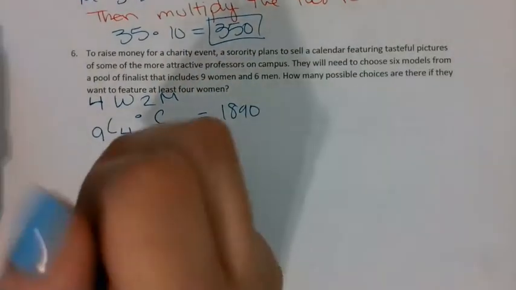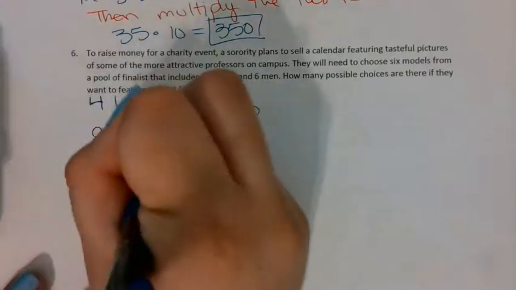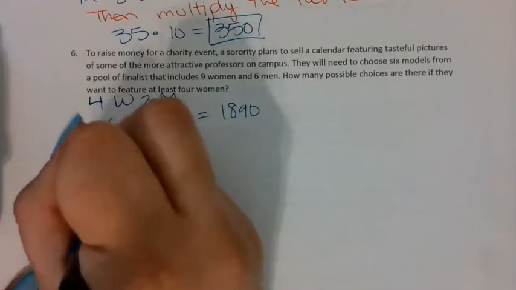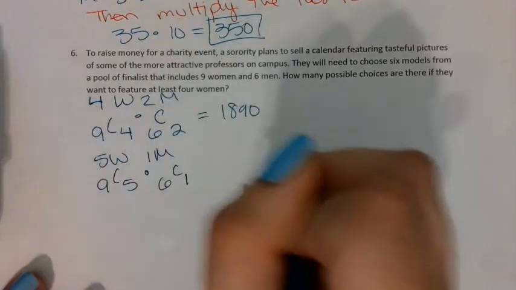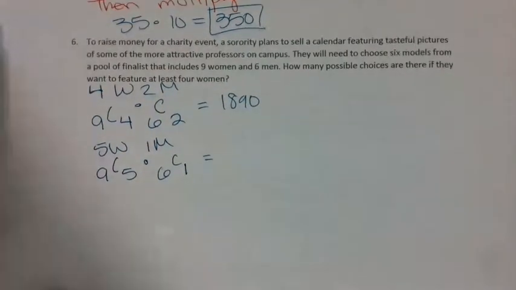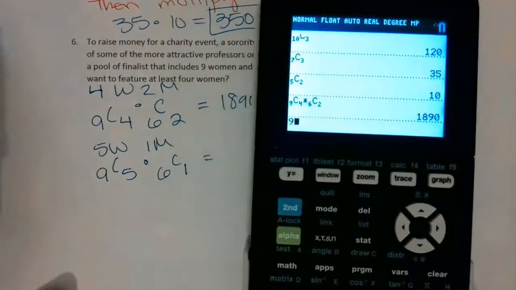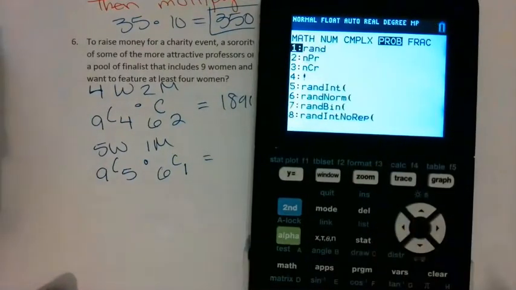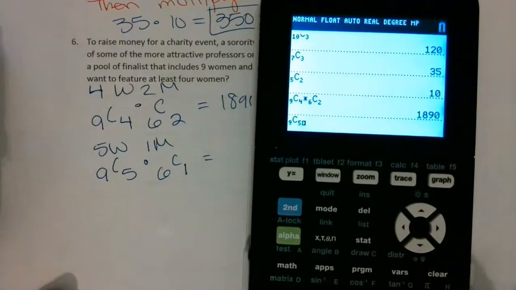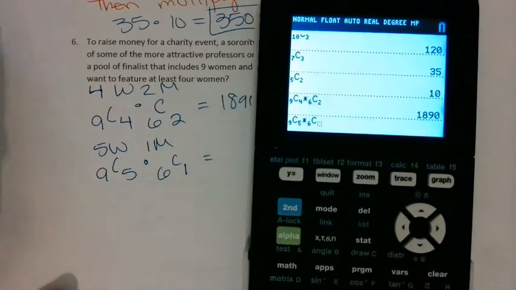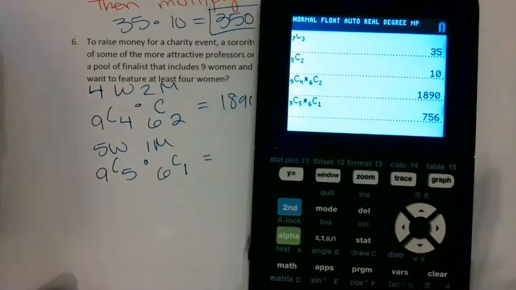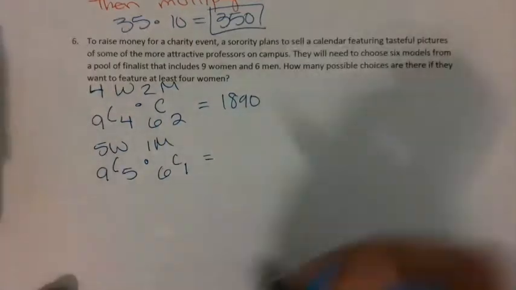Then I can have 5 women, 1 man, so that'd be 9C5 times 6C1, because we're choosing 1 man. Which gives me 756.